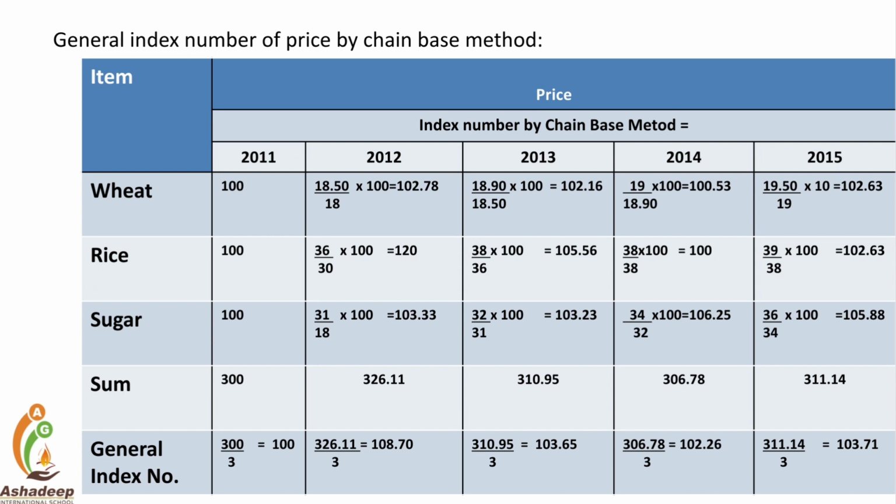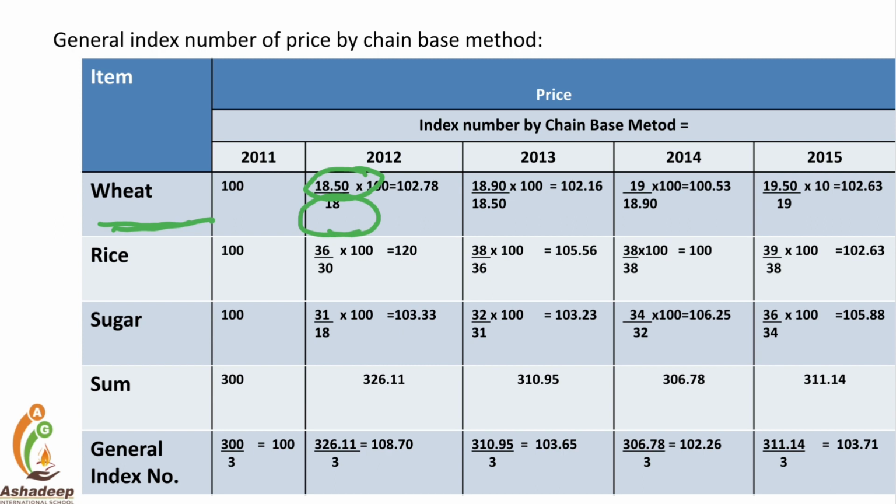Now just see the equation and you will understand that your current year value is 18.50 and your preceding year value for wheat is 18. The rest of the work you already know: 18.50 upon 18 multiplied by 100.